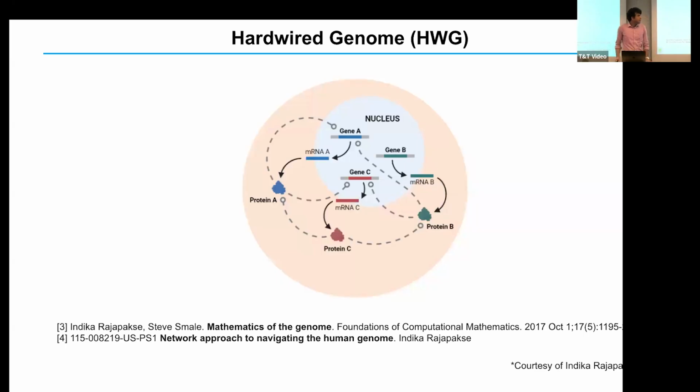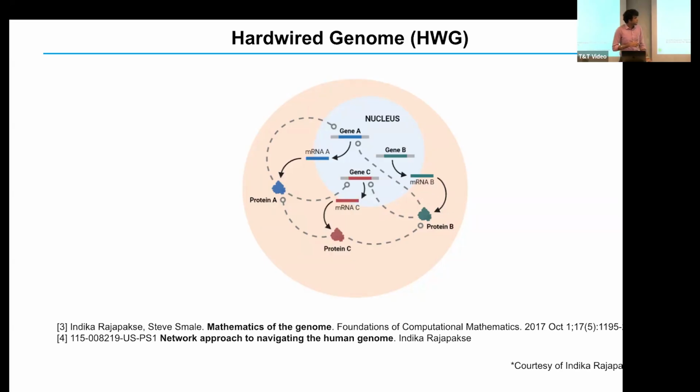And in 2017, the famous hardwired genome was coined by Professor Mail and Professor Rajapakse. What is hardwiring the human genome? We have the genome, and on the genome we have a certain set of genes that code for certain proteins.